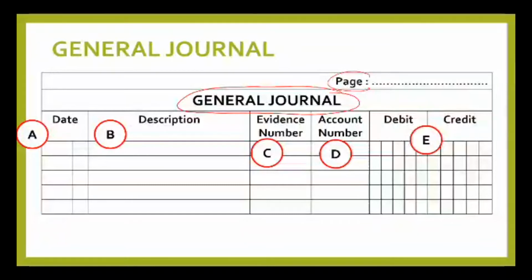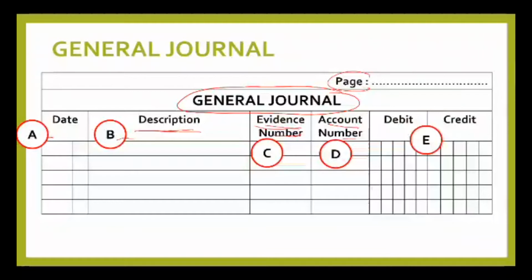Each page is a form for a general journal. First we have a date and the description of the transaction, and then the evidence number. Evidence number means the source document or the supporting document, depending on the evidence. And then the account number, which depends on what transaction is recorded.